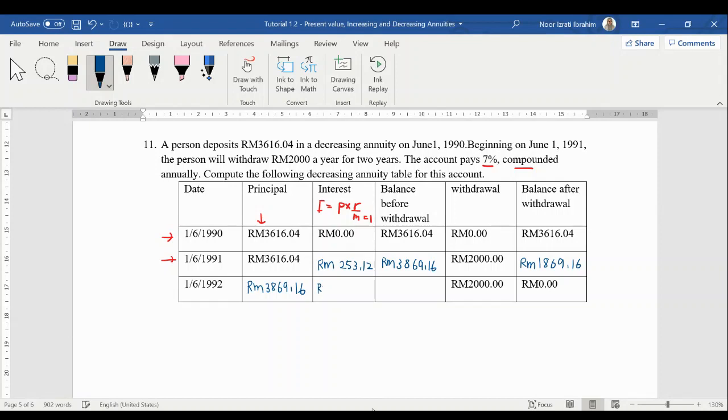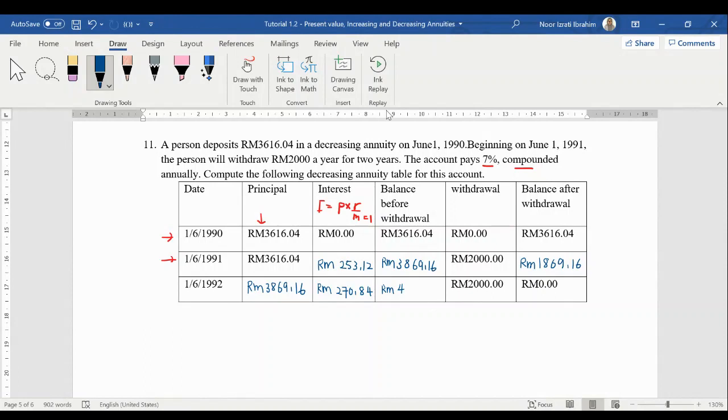For 1992, the interest is 270.84. Before the withdrawal is made, in the account you will have 3869.16 plus 270.84. Oops, what is happening here?